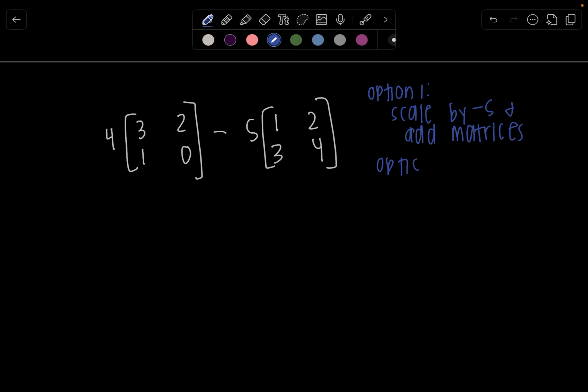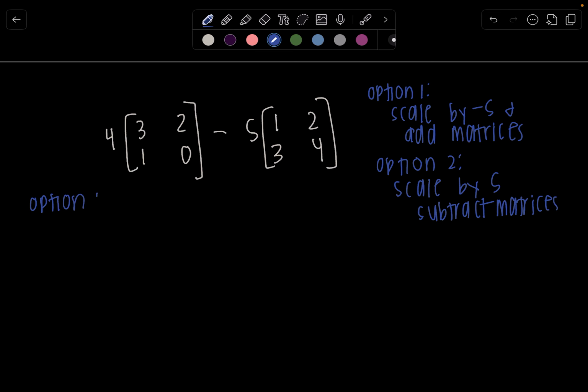Option 2, scale by just a +5, and then you will subtract your matrices. What I'm going to do is work out both of them real quick, that way you can see the differences. So we're going to start with option 1 here, and we'll do option 2 here.